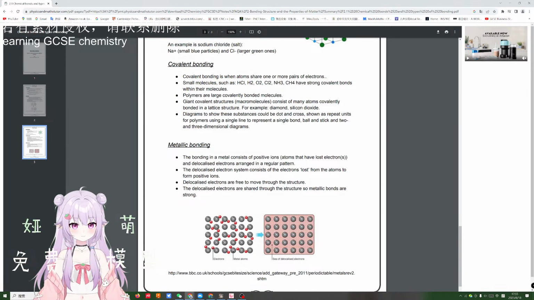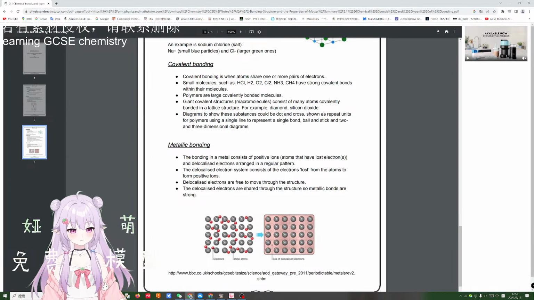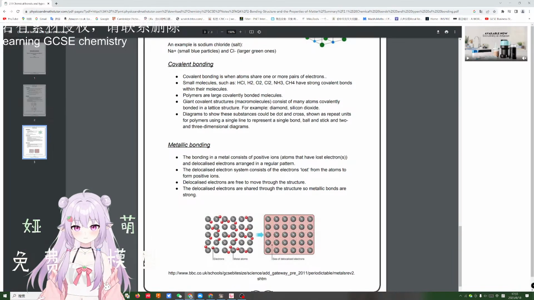Every ion is attracted to the delocalized electrons, so they are in fixed positions, so metallic bonds are strong.